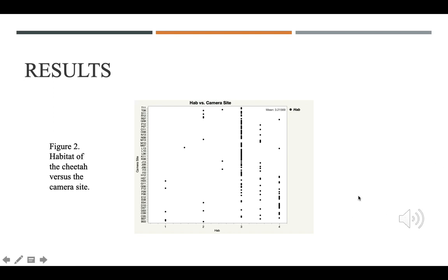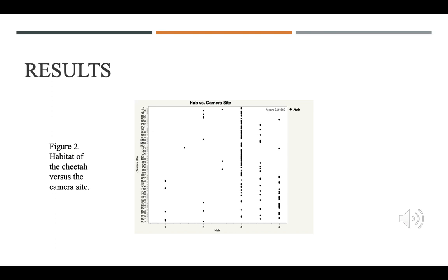Alright, now looking at the results continued, we have figure 2. This one is a little bit less straightforward, but still straightforward. Figure 2 is the habitat of the cheetah versus the camera site. The left side here is the camera sites, and the bottom is all of your habitats. Each one of those little dots represents a sighting at that specific camera site.